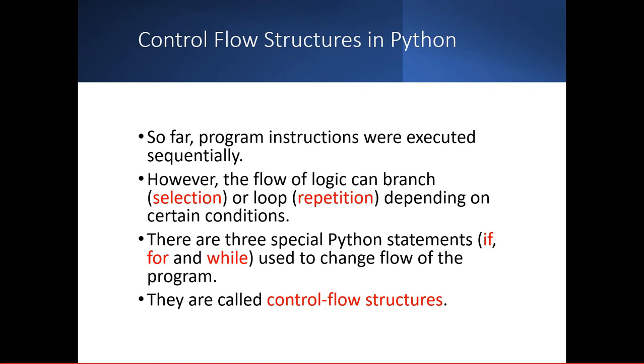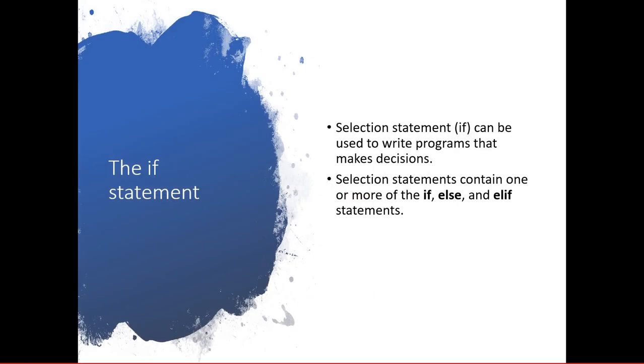But you can make selections, and you can also have repetition. Sometimes you need to repeat something again and again. For that we are going to learn the if statement for selection. For repetition we are going to talk about for and while loops. Right, let's start.